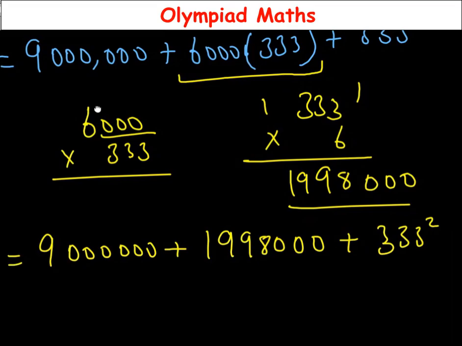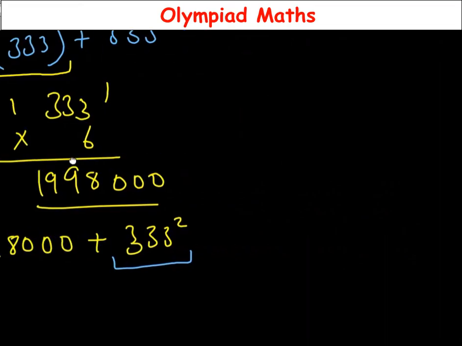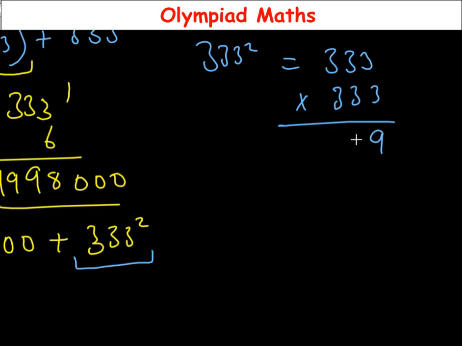The next thing for us to do is to simplify the value of 333 squared, which is 333 times 333. 3 times 3 is 9, and the multiplication gives partial rows of 999, 999 and 999.